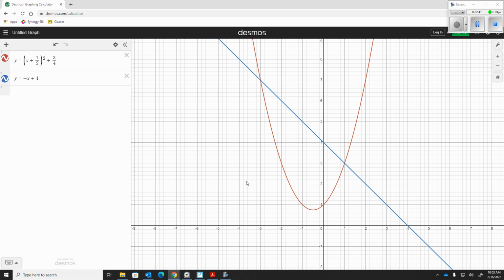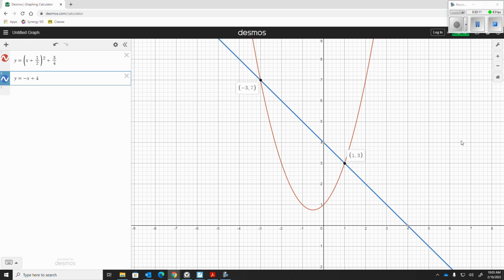We're looking for where they cross. It looks like they cross at 2 points. Desmos will tell us what they are if you just click on them. They cross each other at (1, 3) and (negative 3, 7). So those 2 points are the solutions to this system of equations, because that is where these graphs cross each other. Does that make sense?